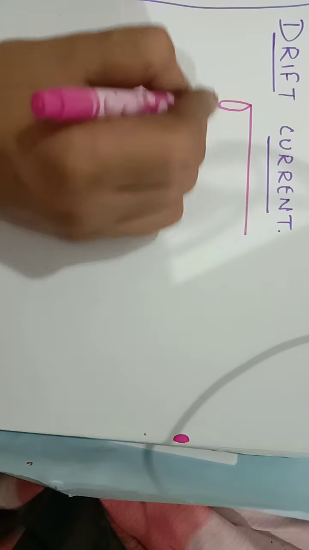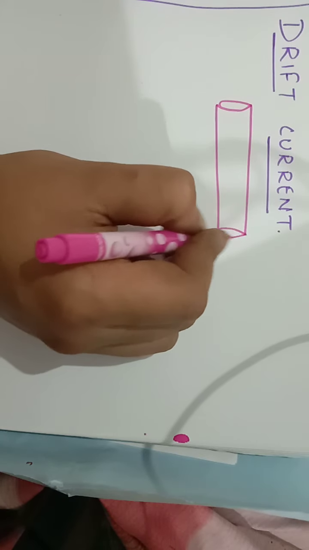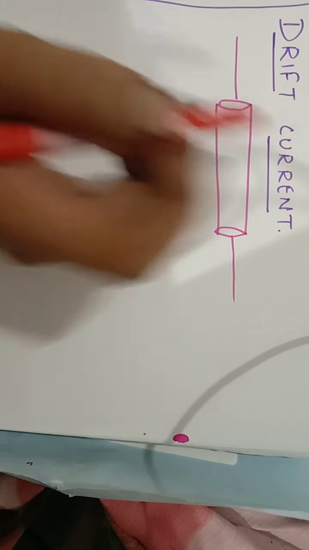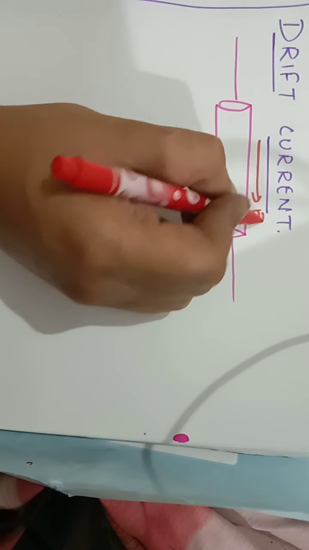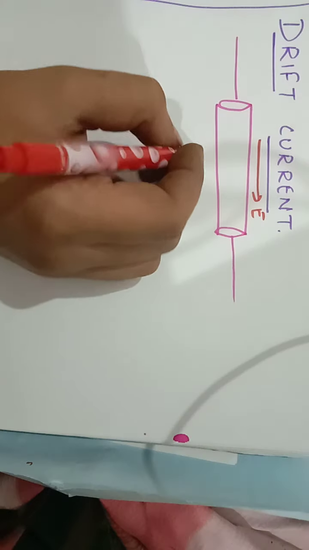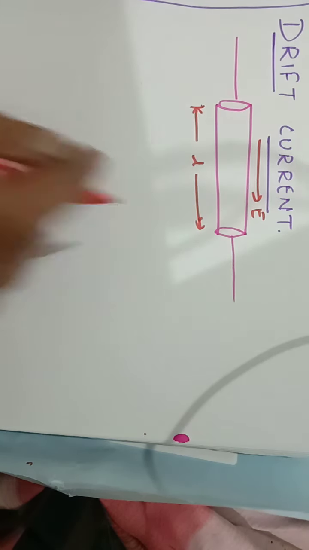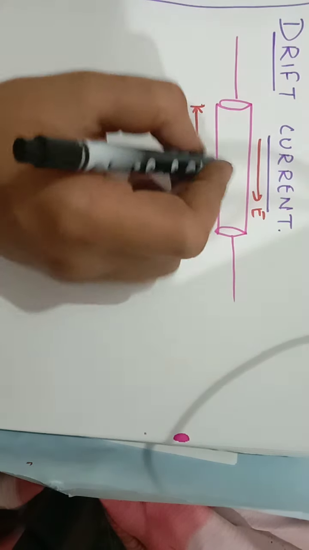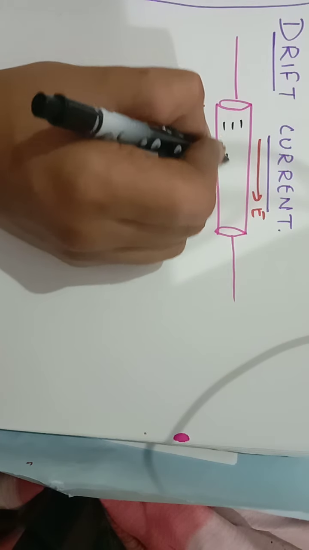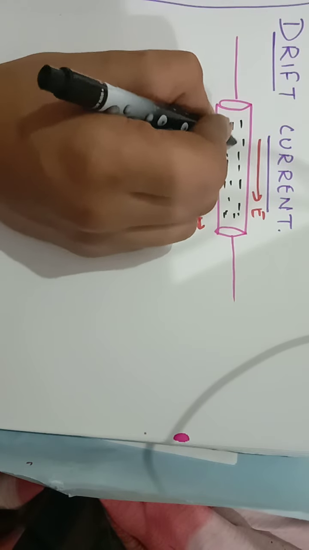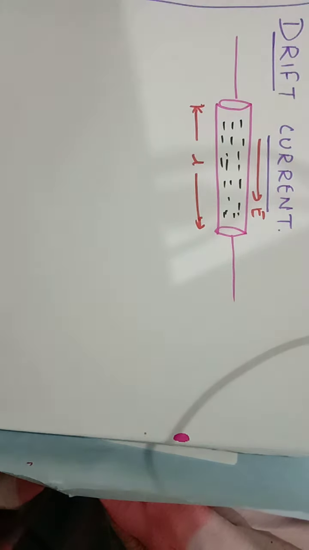We have applied an electric field over here in this direction. There are numerous charge carriers and the length is L. There are many charged particles inside, and those charged particles are electrons, right? Many electrons are there.